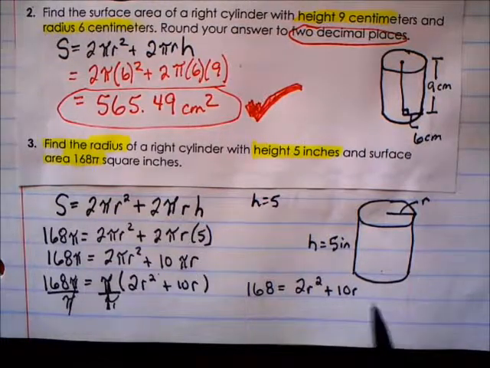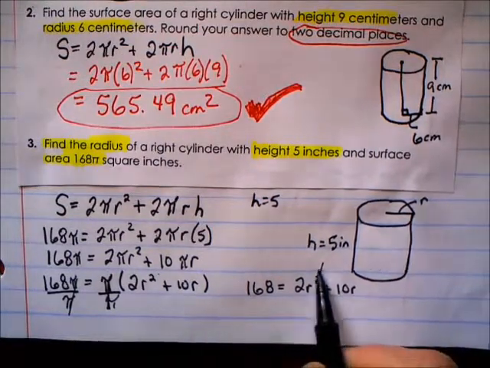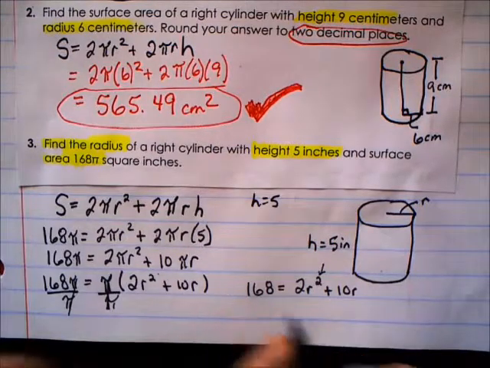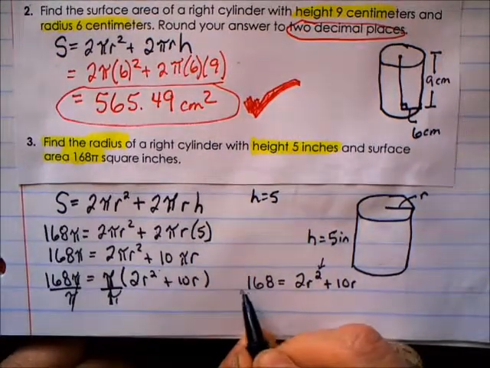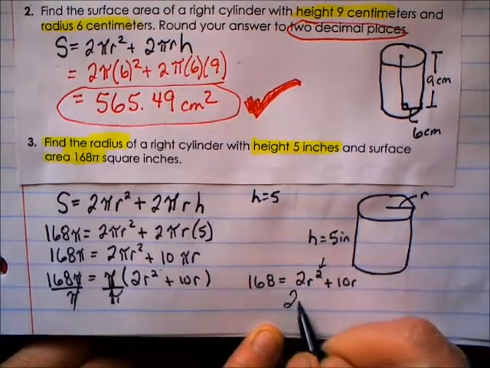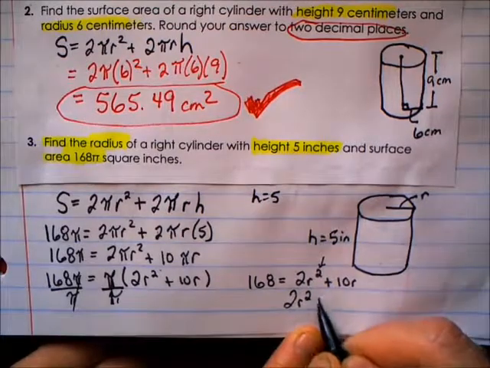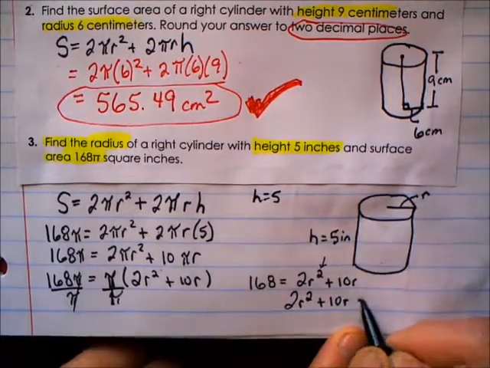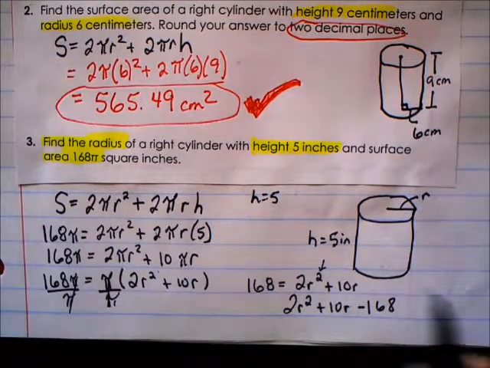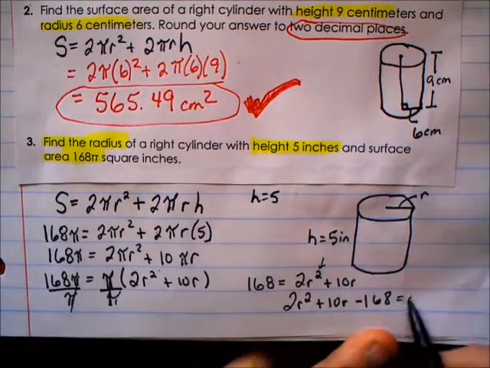Now, I need to move the 168 back over to the right hand side, and the reason is because I have a square term. That means it's quadratic. So if I move it back over to the other side, it goes from a positive 168 to a negative 168. So this is actually 2r squared plus 10r minus 168, and this will equal 0.